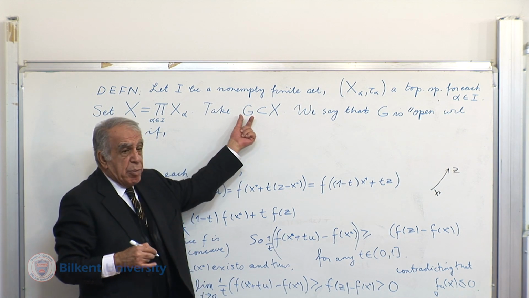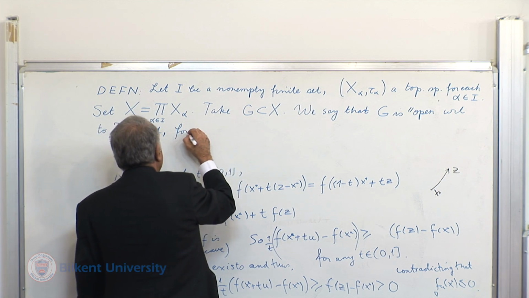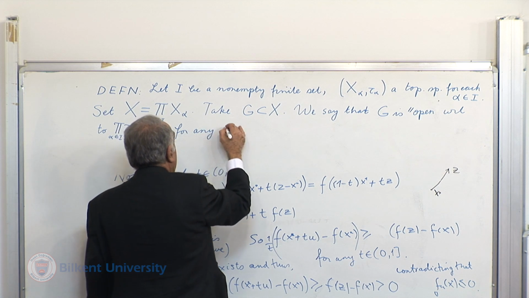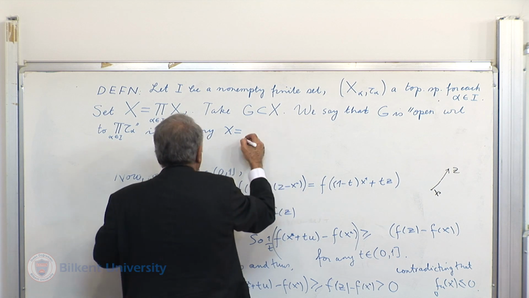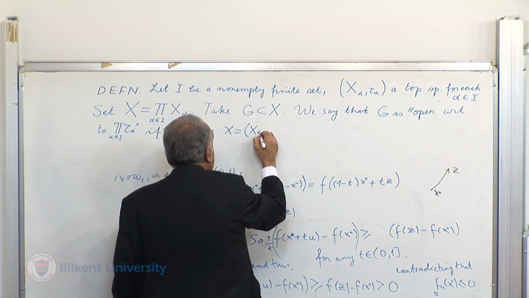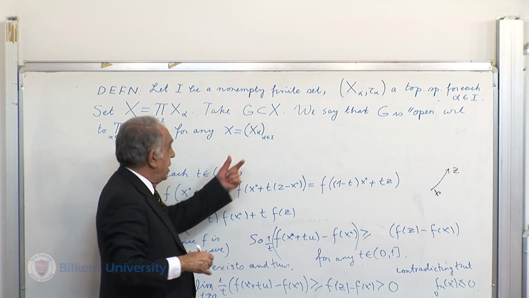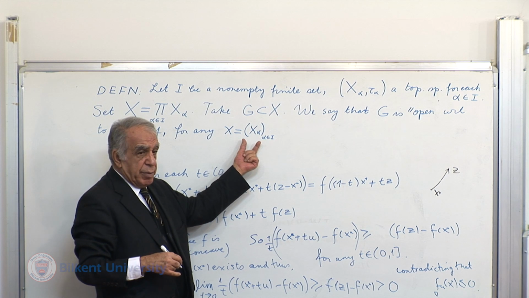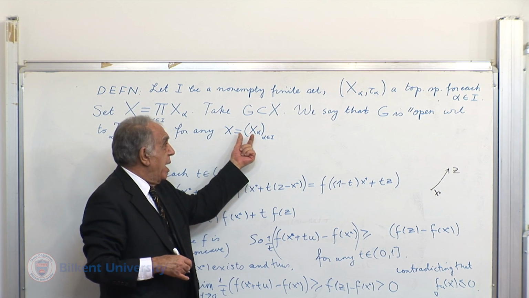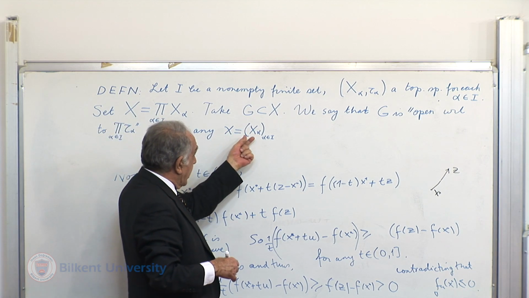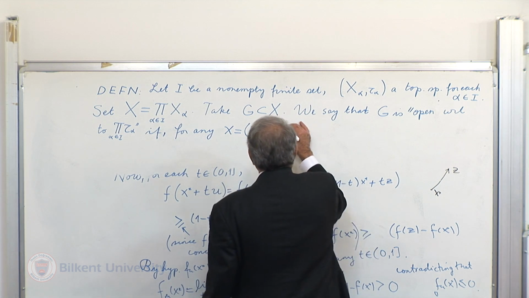No matter what point in this G we take, for any x in G, but now G is a subset of this, so this will be a member of this form. It will have a component for each alpha in I, and x alpha will belong to this cap X alpha in G.